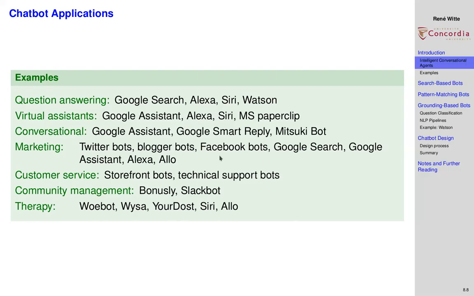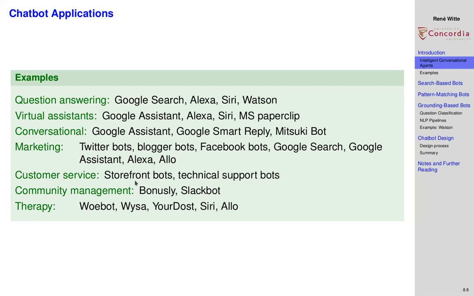These are bots that announce, market, and talk about a new product or a new service online. Very often nowadays, when a company releases a new product, a video game or a movie, there is a corresponding bot that talks about it on Facebook, on Twitter, and on other online media.